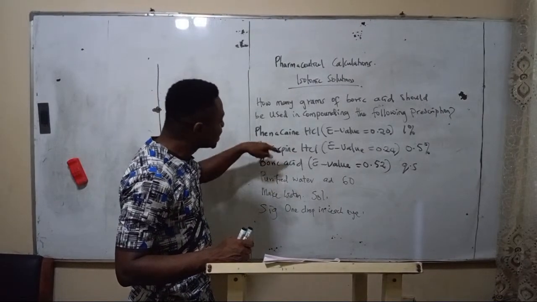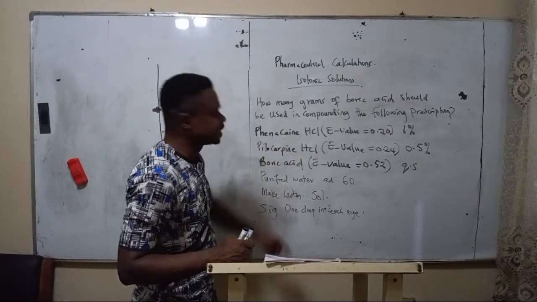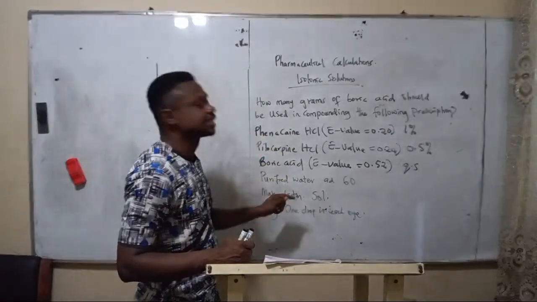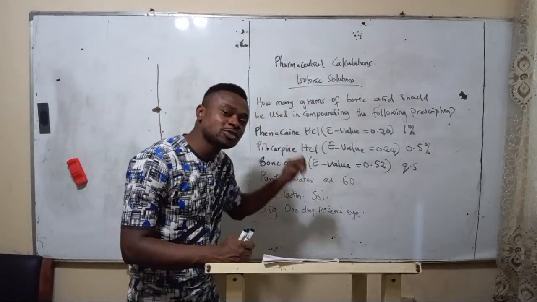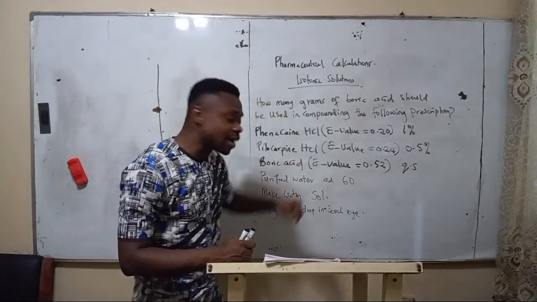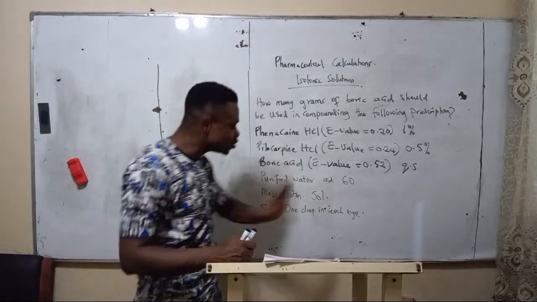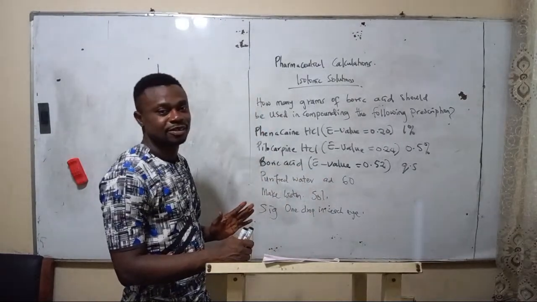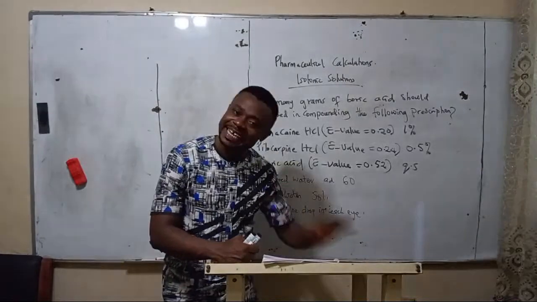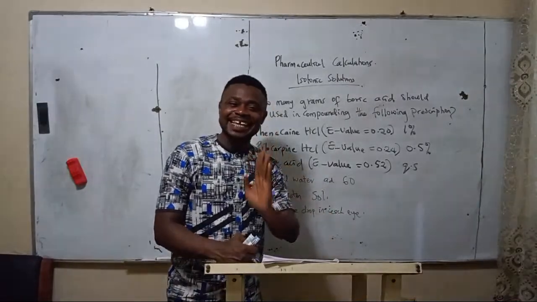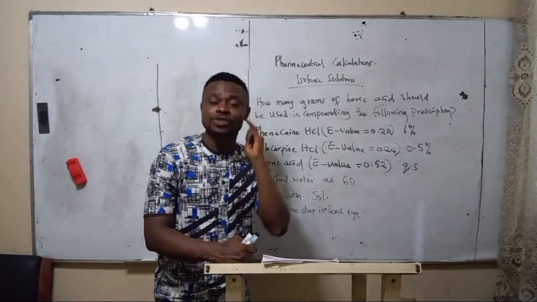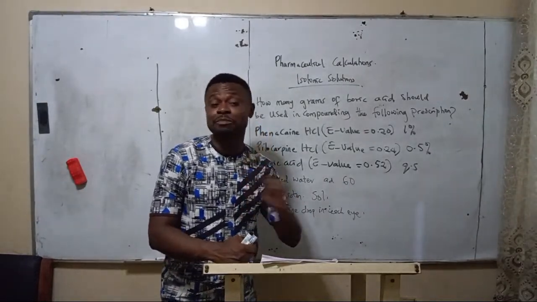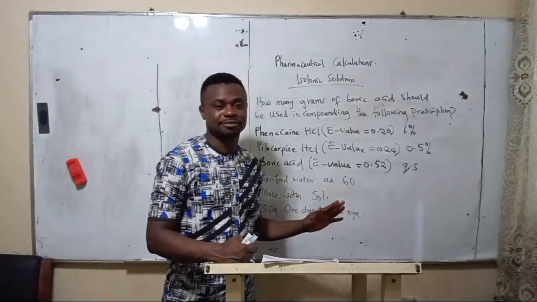In summary, what we intend to achieve here is that this solution should have the same tonicity as a particular amount of sodium chloride in the solution. Simple. And we know by standard that 0.9 gram of sodium chloride in 100 ml solution is isotonic.